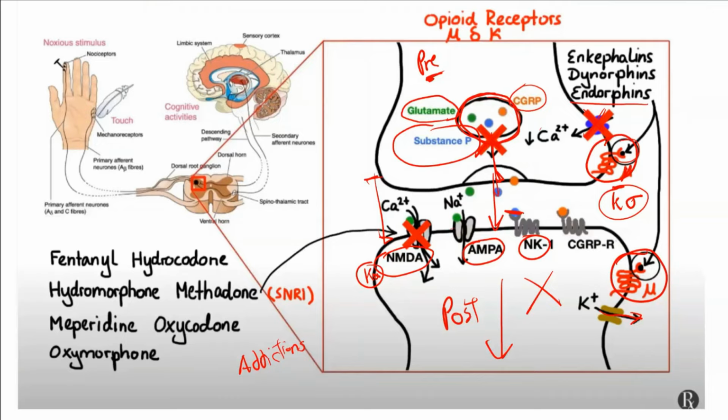And that may lead to physiological addiction. If you keep taking those kinds of opioids, your body will be like, okay, we have too many opioid receptors present, we're getting too much of a response, let's internalize some of the receptors. Actually, no, that's not what happens here.